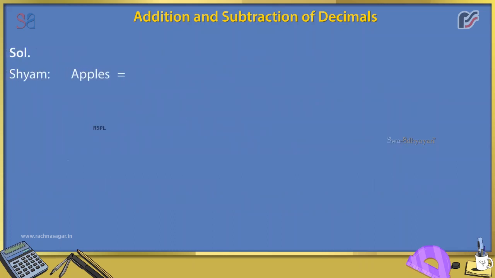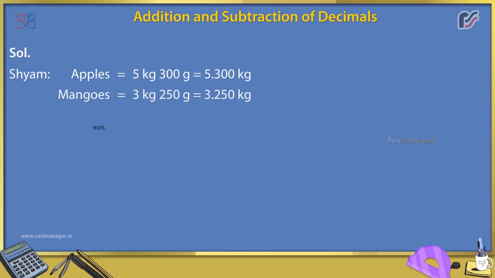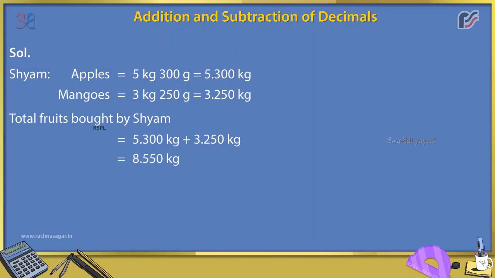Solution. Shyam. Apple is equal to 5 kg 300 grams, which is equal to 5.300 kg. Mangoes is equal to 3 kg 250 gram, which is equal to 3.250 kg. Total fruits bought by Shyam is equal to 5.300 kg plus 3.250 kg, which is equal to 8.550 kg. Sarla.